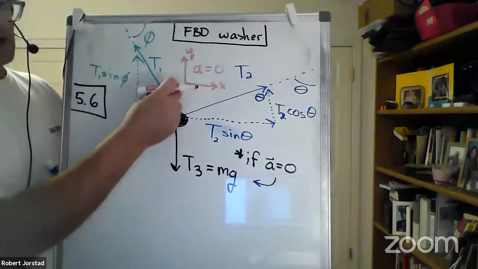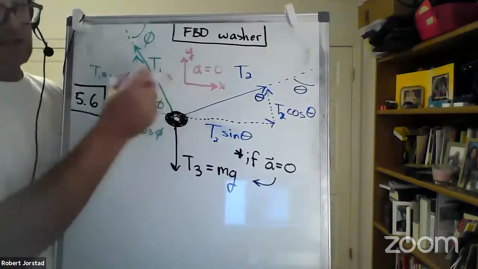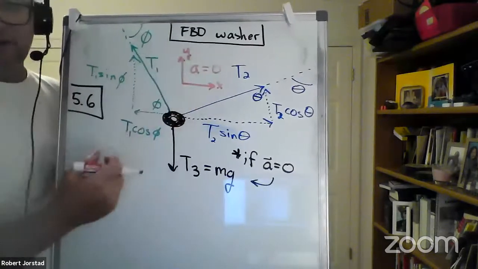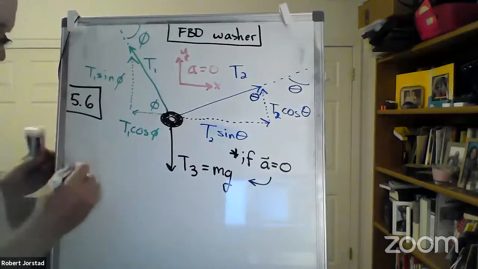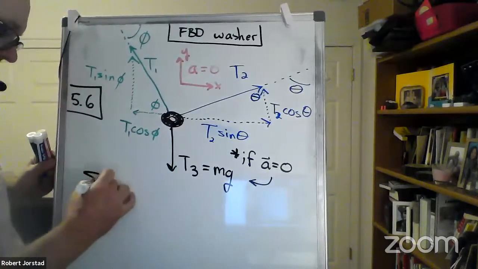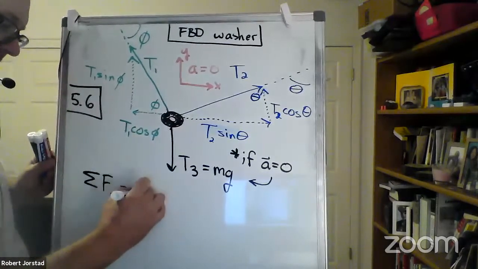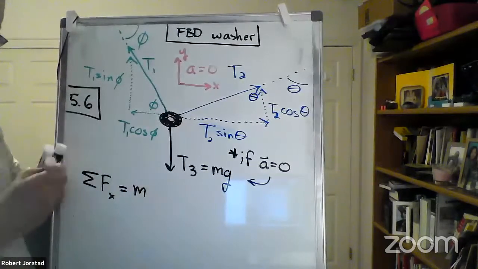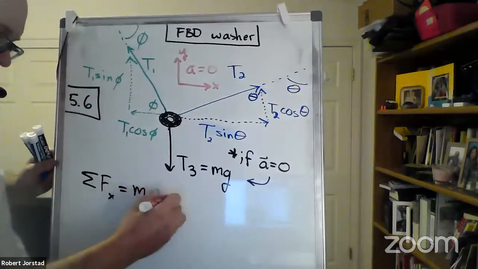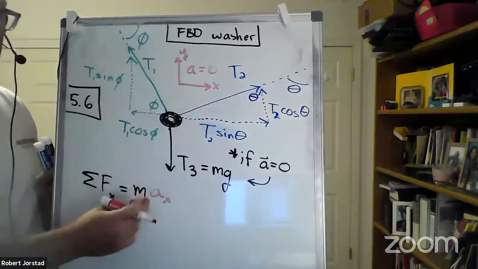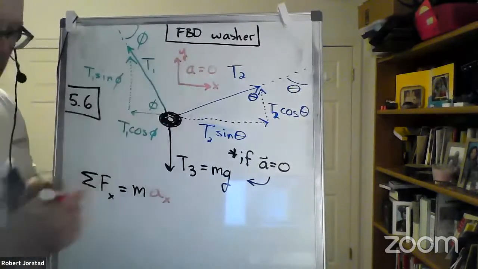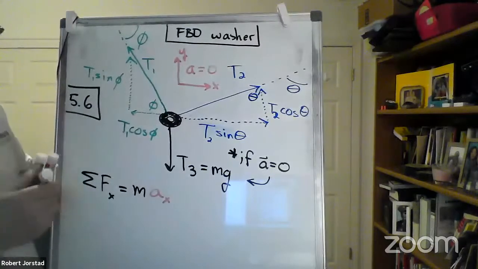I'm just going to mention I'm using a standard coordinate system where x is to the right, y is up, and the acceleration is 0. Remember your equations. They are sum of force in the x is mass times acceleration in the x. This stuff comes from the arrows. This stuff comes from right there. And then you got the same type of equation in the y direction.